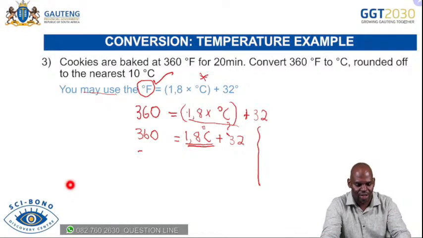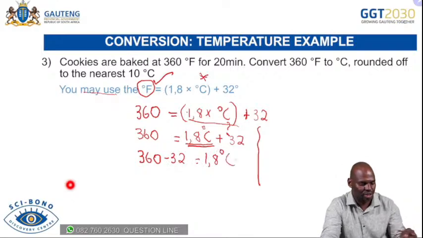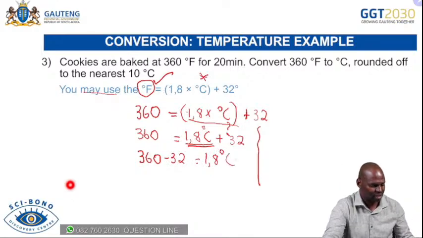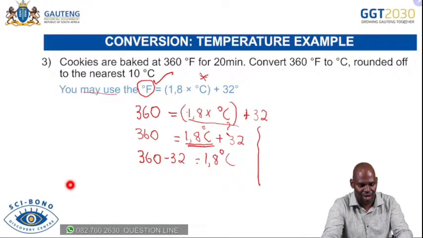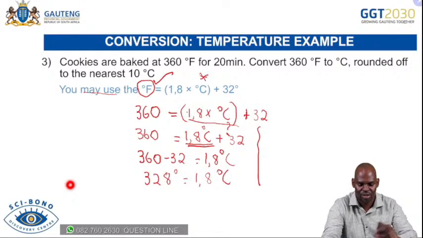We say 360 minus 32 equals 1.8 degrees Celsius. Then 360 minus 32 gives us 328. 328 degrees equals 1.8 times degrees Celsius.